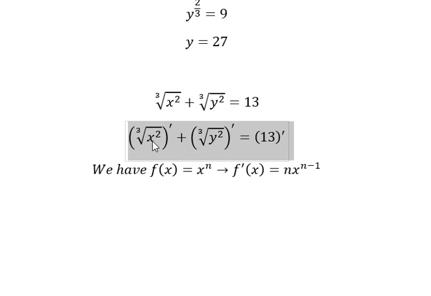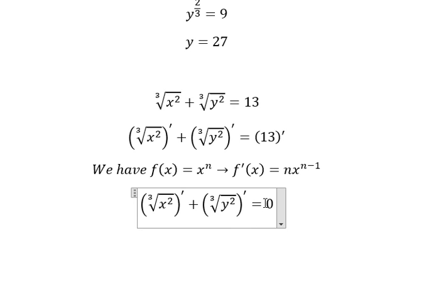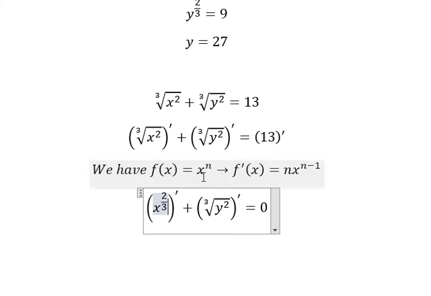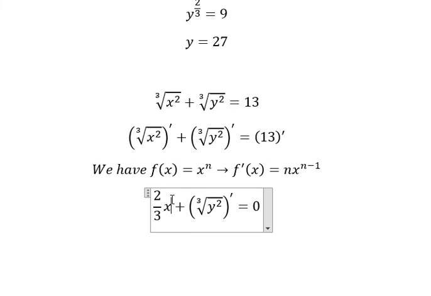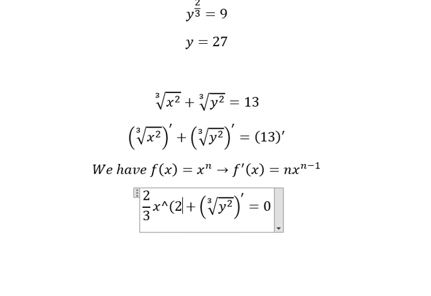Now we can apply it in here. The constant, you get 0. For this one, you get x to the power of 2 over 3. Now we put n equal to 2 over 3. You will have this one, and you get 2 over 3 x to the power of 2 over 3 minus 1.